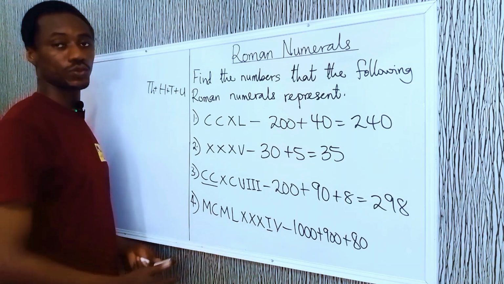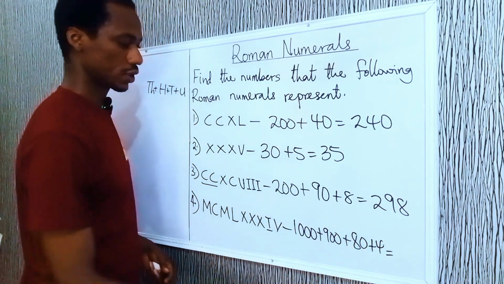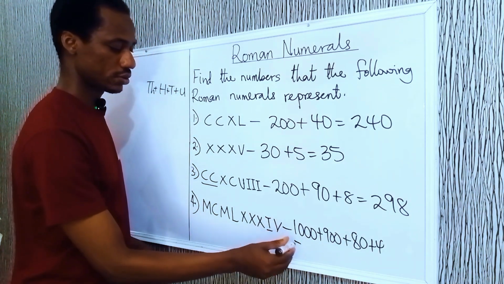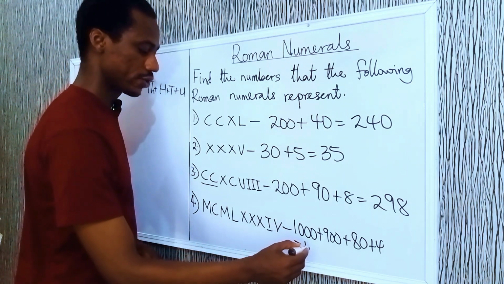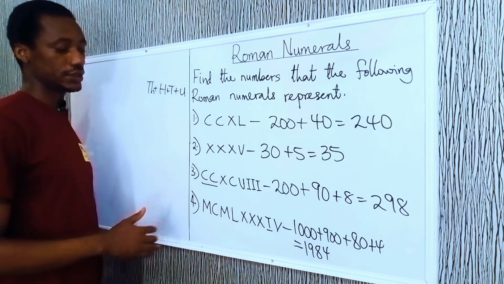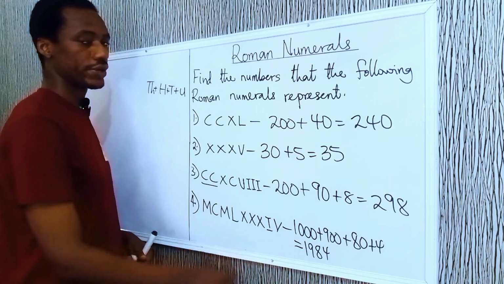So that's 5 minus 1, which is 4. So let me write the answer under here. 1,984. And that is the correct answer.